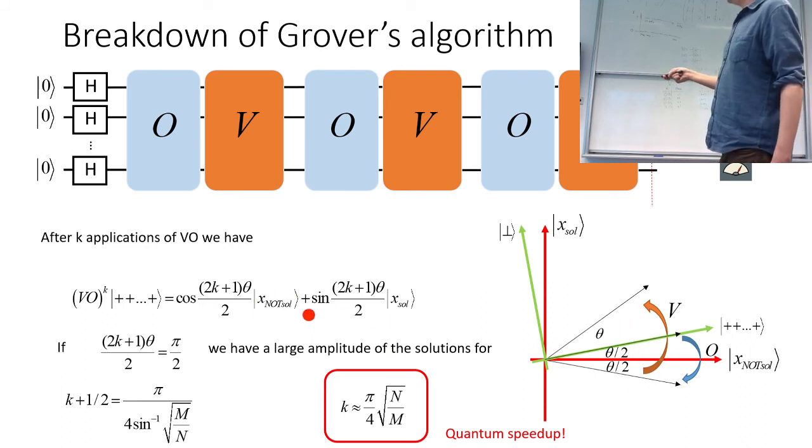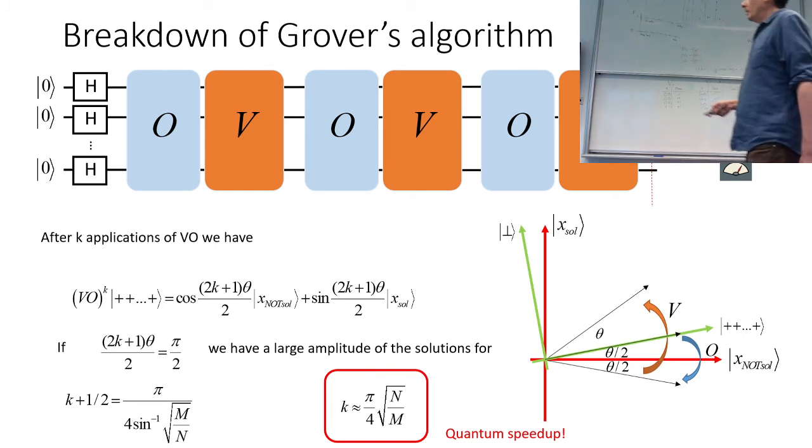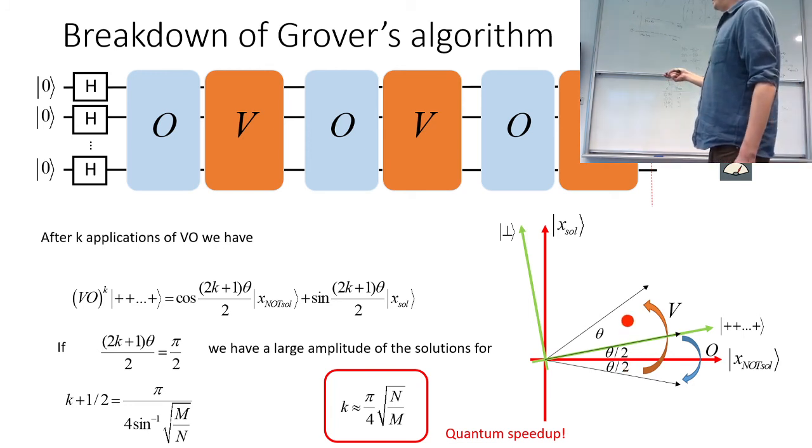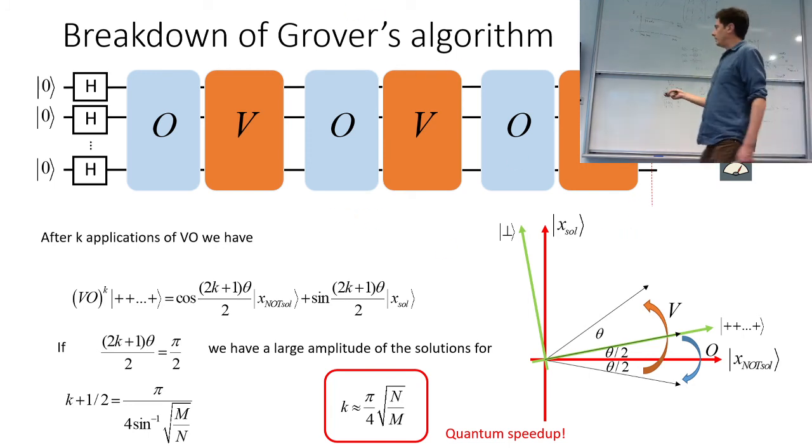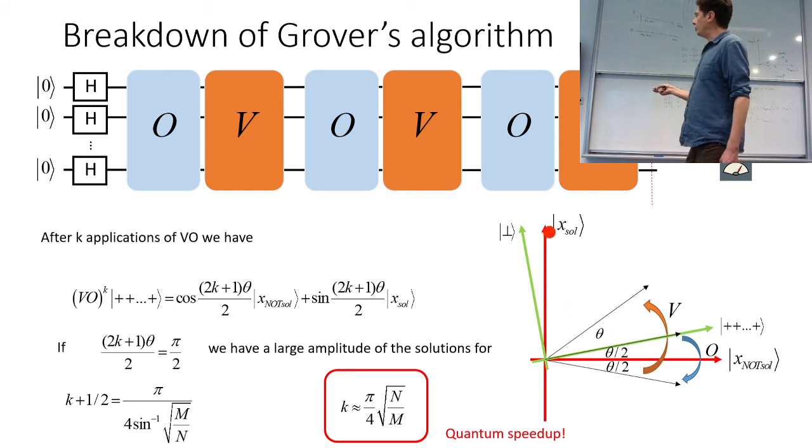And so essentially with every pair of this OV, it moves closer to the solution state by an angle theta. By repeating this some appropriate number of times, it'll get quite close to this solution state.